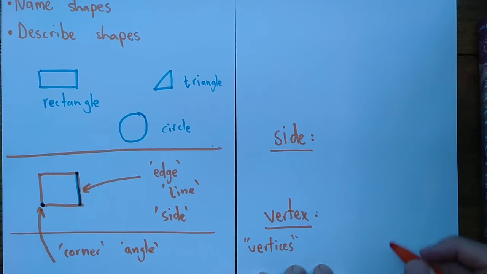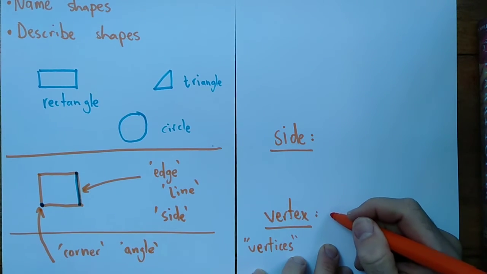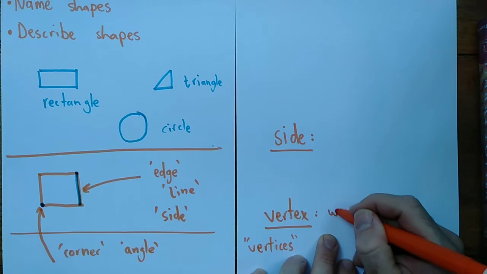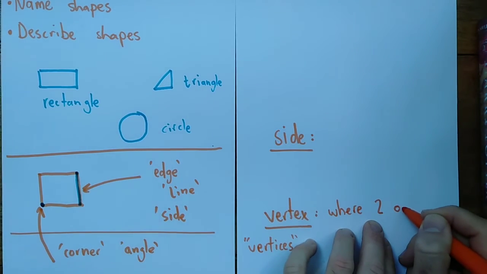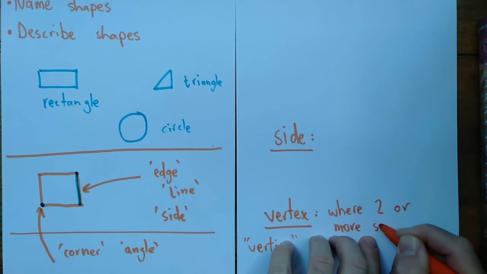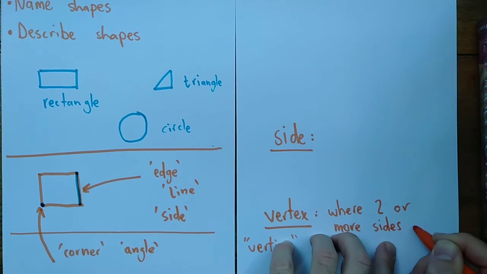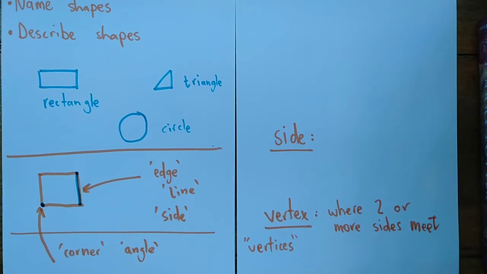So a vertex is where two or more sides meet. Am I all on the screen there? Yeah. Where two or more sides meet.